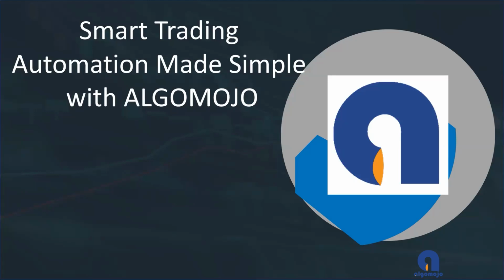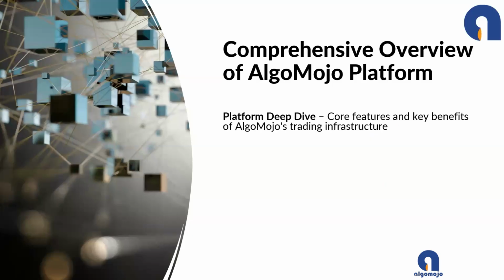We will start the small presentation and then get into the actual platform usage. To begin with, we'll look at what are the features and facilities that are available in the Algomojo platform.